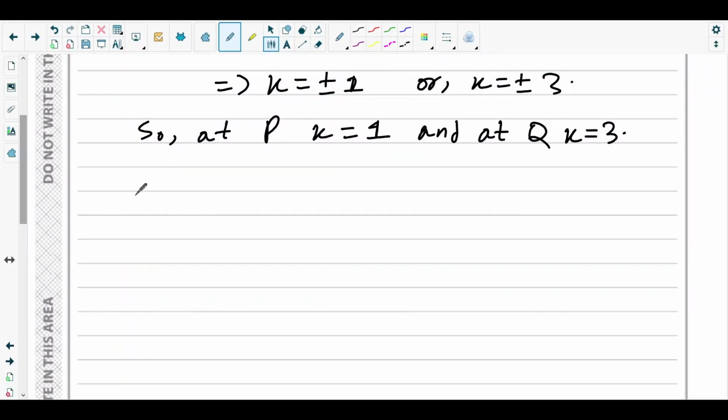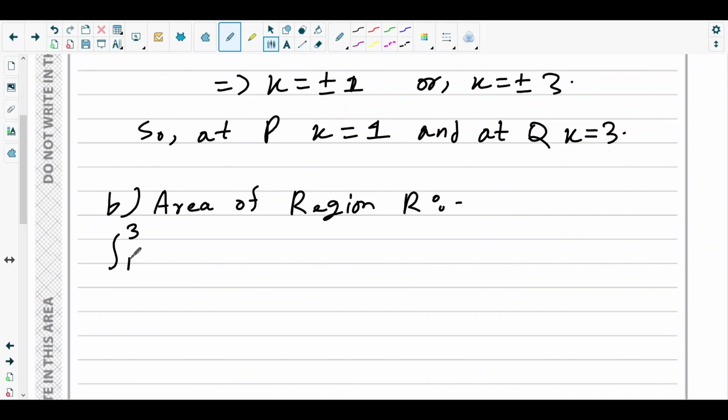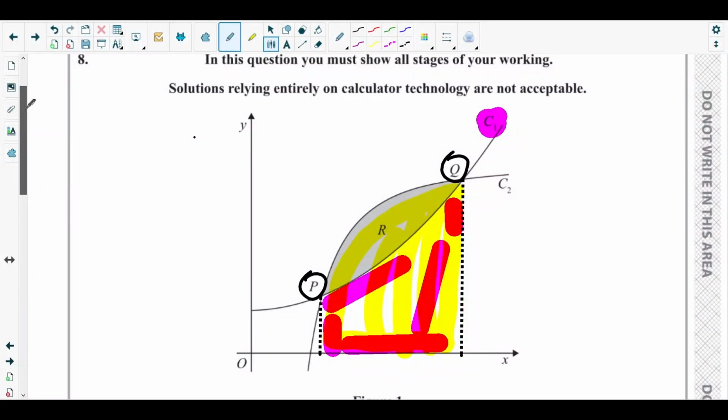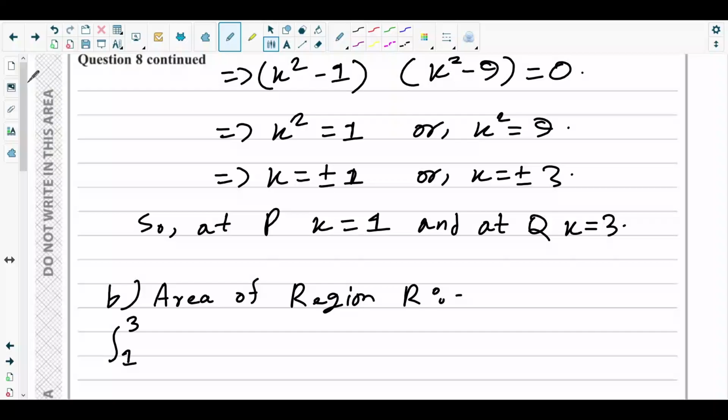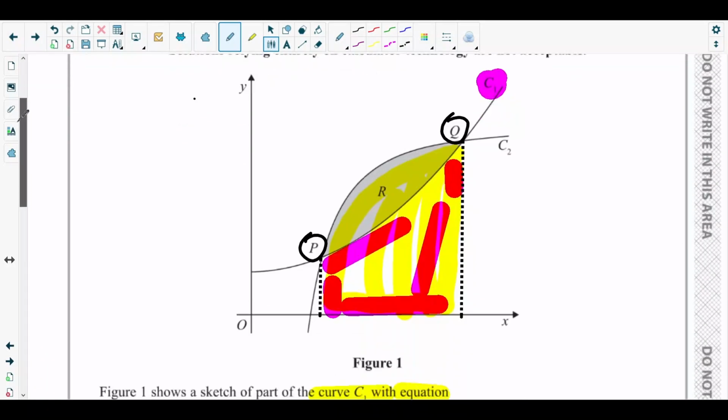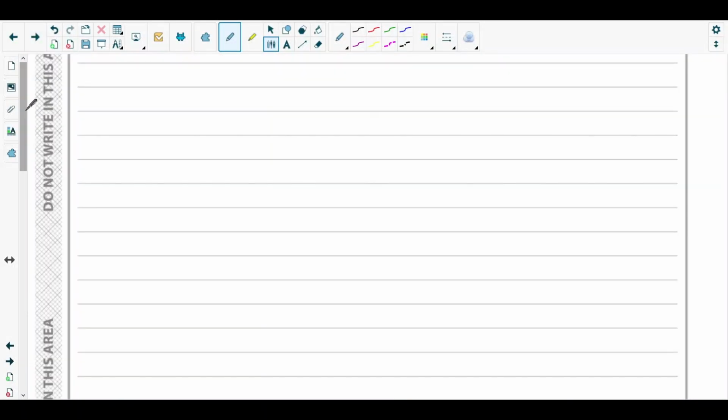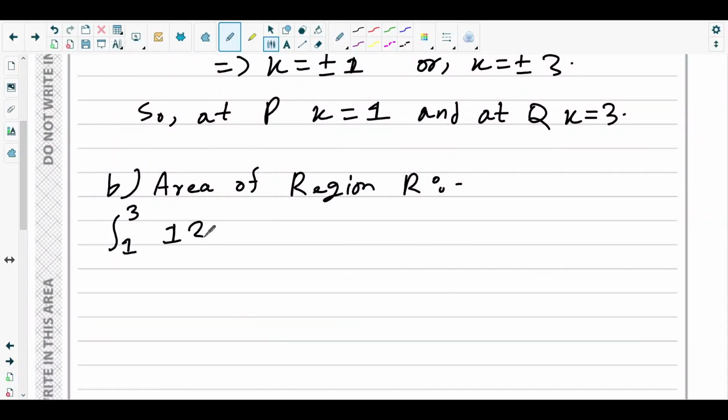So the area of region R: we need to integrate with upper limit 3 and lower limit 1 the equation of curve C2. Yes, the larger area is under C2, which has equation 13 minus 9 over x squared. So 13 minus 9 x to the power of negative 2, dx.